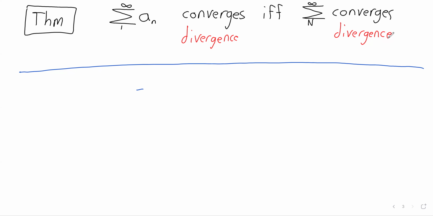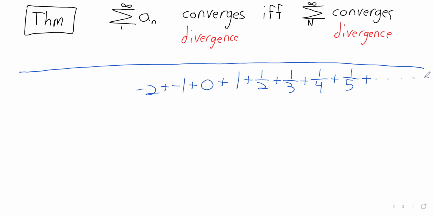Suppose you have something like, just sort of making something up. But suppose you have a series that looks like this, and you want to determine whether this series converges or diverges.